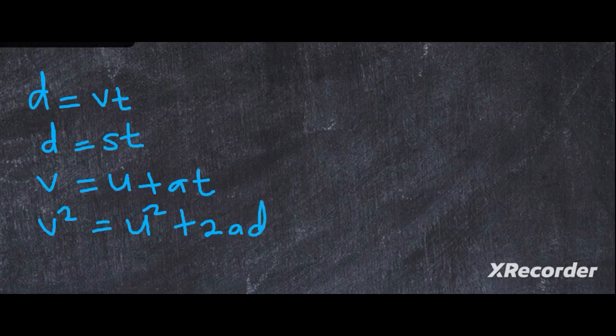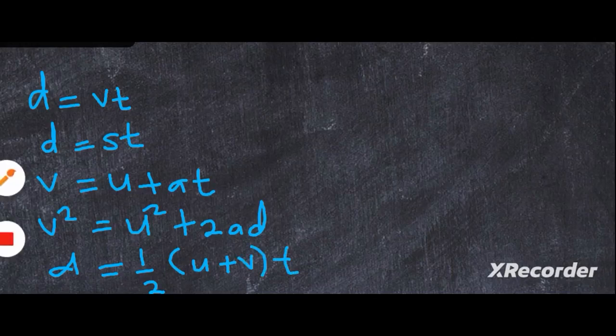We are also going to say distance is equal to 1/2 times (initial velocity plus final velocity) times time.